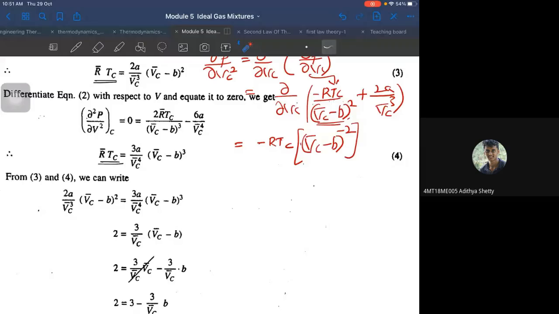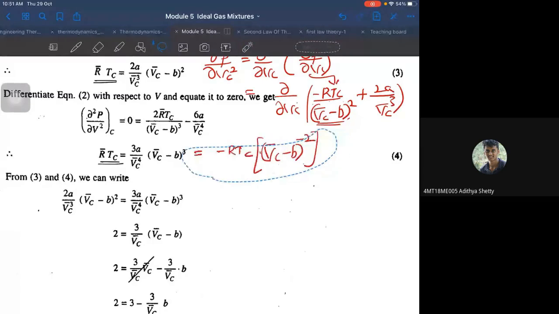We will go at a stretch. Plus, you can take 2A as common, since it is a constant. It is V bar C, and when you take it to the numerator, it will be to the power of minus 3.